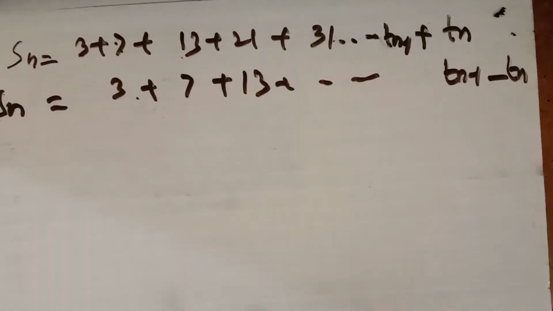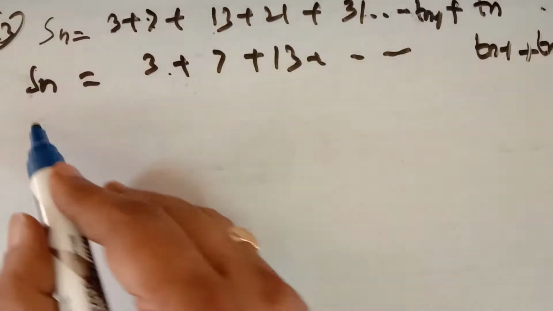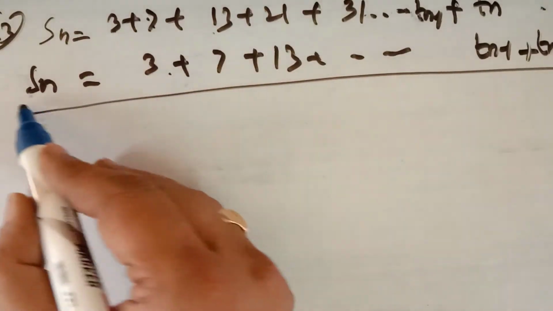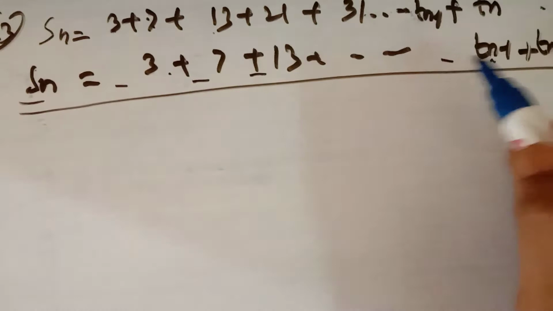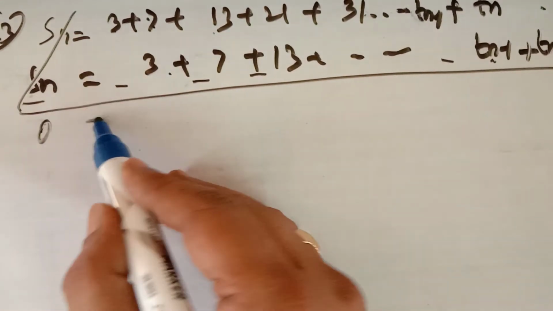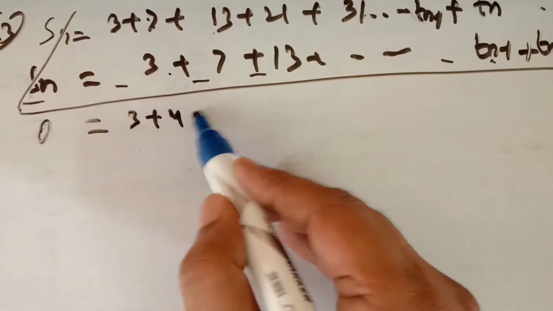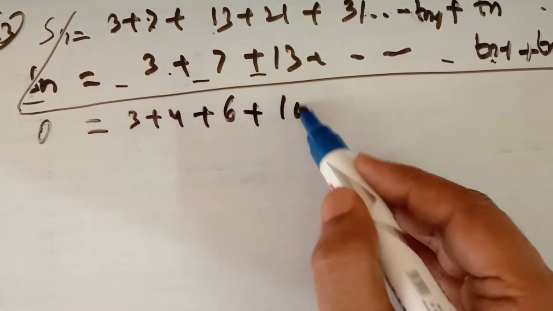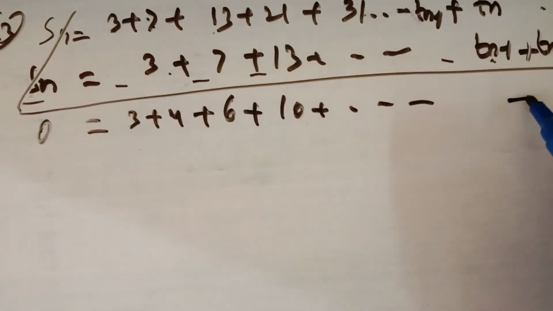See it very carefully. Shift one term forward and subtract them, और इनको आप subtract करिए. subtract करने में क्या होगा, when you see it very carefully, ये cancel हो जाएगा 0, तो 3, 4, 6, 10 and so on, and the last term will be nth term.